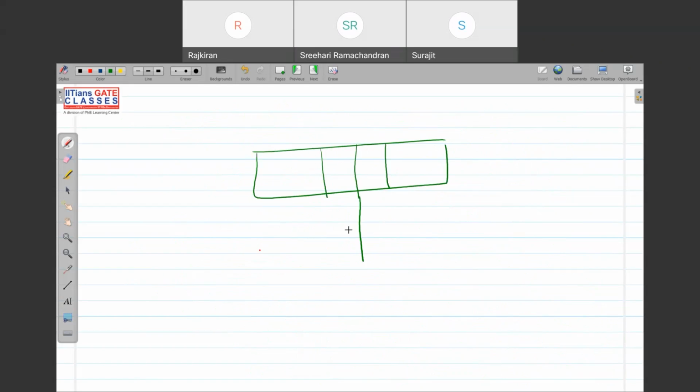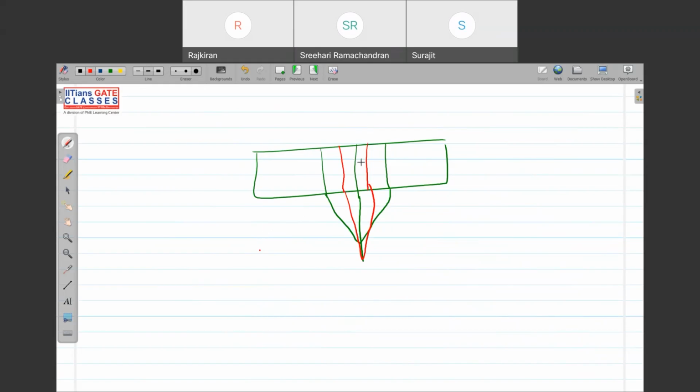If I plot the electric field, it will be like this. Suppose I have another device, with a small region like this.